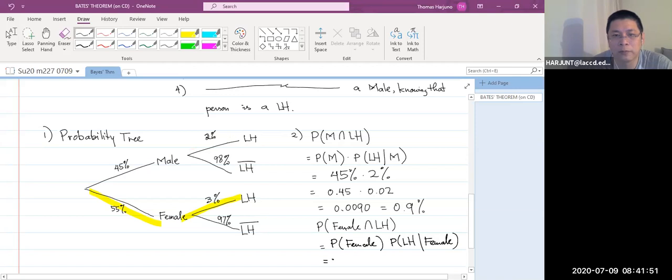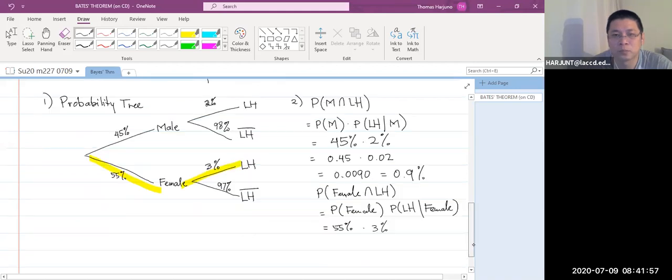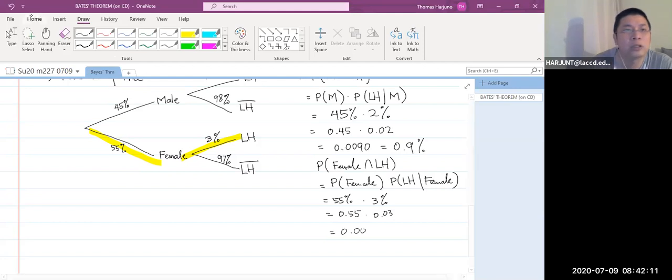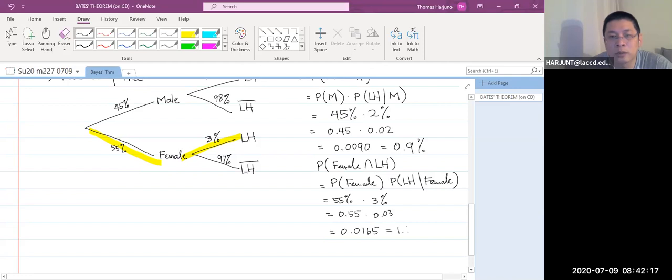That will be 55% times 3%. 0.55 times 0.03, we get 0.0165. So that's 1.65%.